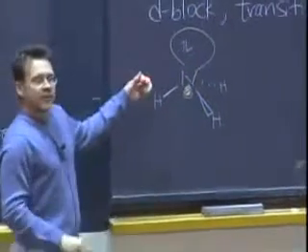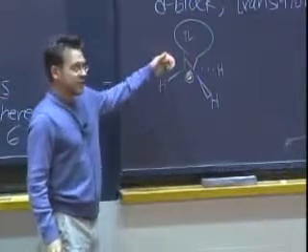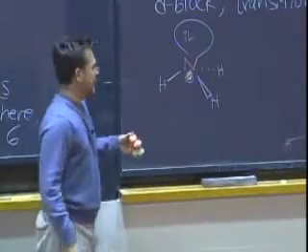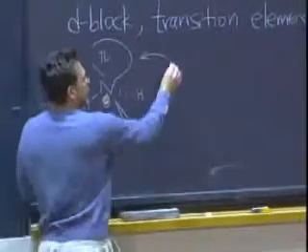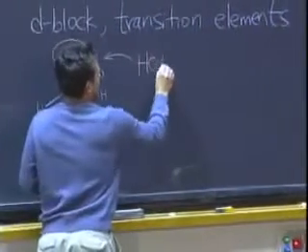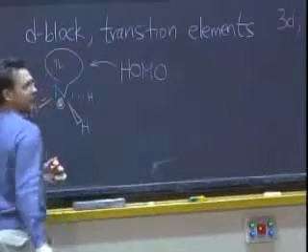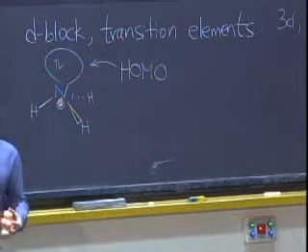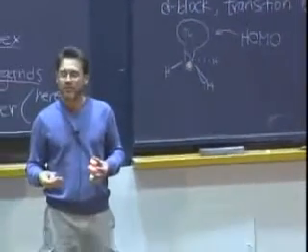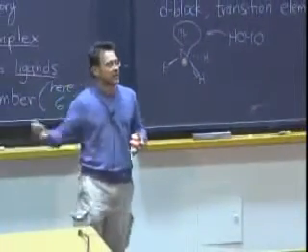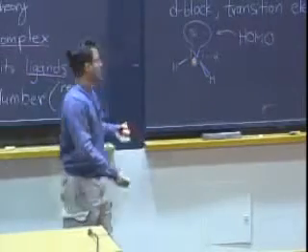I can draw that as a lone pair, to represent a lone pair of electrons on the nitrogen. Now that we've studied molecular orbital theory, you'll know that I can also call this the highest occupied molecular orbital of the NH3 molecule, and it's the one responsible for the basicity of the ammonia molecule and the one responsible for its ability to serve as a ligand in coordination complexes like these.